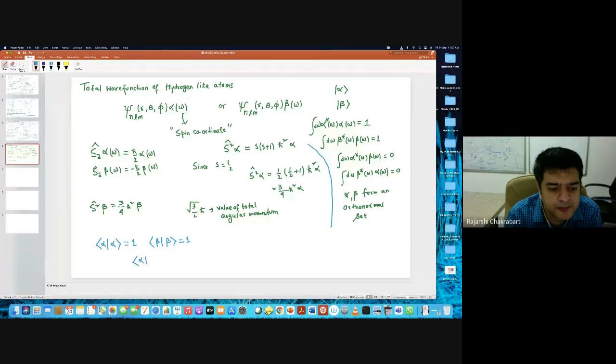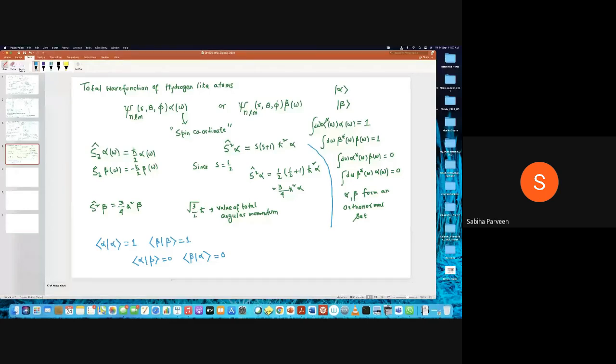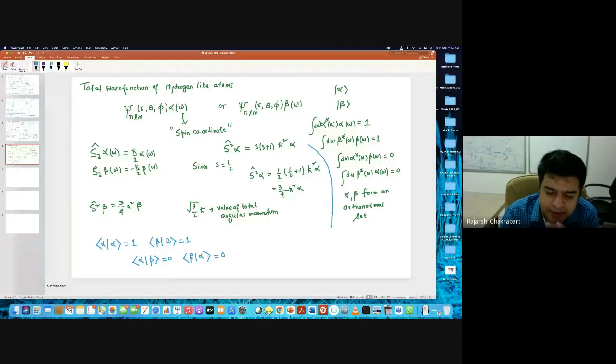And this one is? This fine, the way I have written? Same thing using the Dirac bracket notation. Is this clear? Yes, sir. It is loosely correct, but not exactly correct, but it is good for this course.